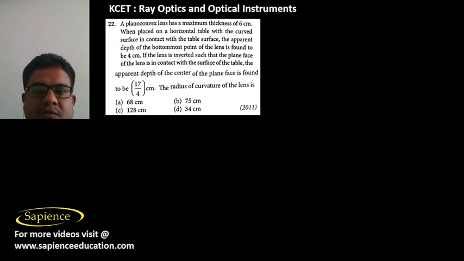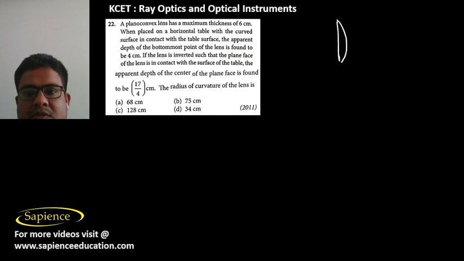Then in question number 22 it is told: a plano-convex lens has a maximum thickness of 6 centimeter and is placed on a horizontal table with the curved surface in contact with the table surface.